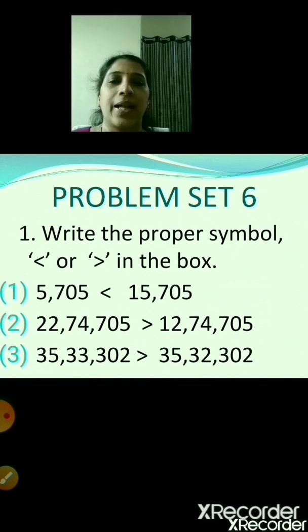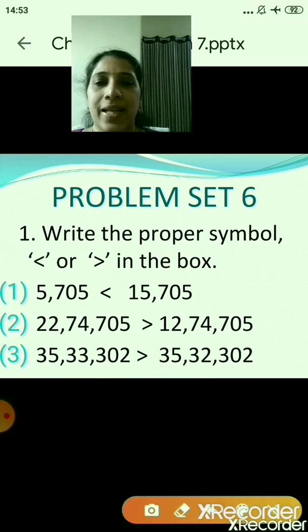Let's move to the second one. 22,74,705, and the right hand side number is 12,74,705. So first you will check left hand side and the right hand side, both the numbers, they are of the same digits. So both the sides, they are 7 digits, right children? So what you are going to do, you are going to start from your left hand side.